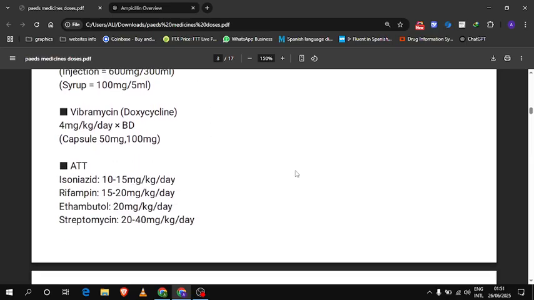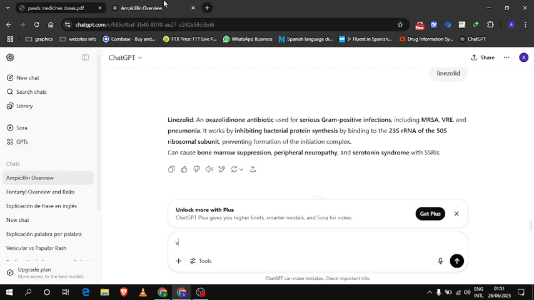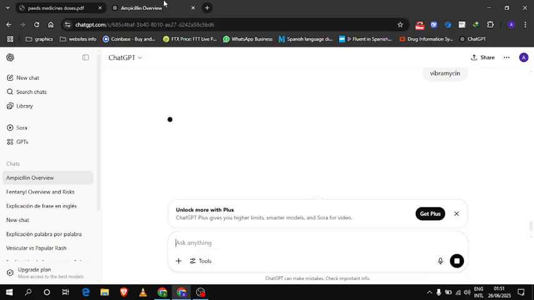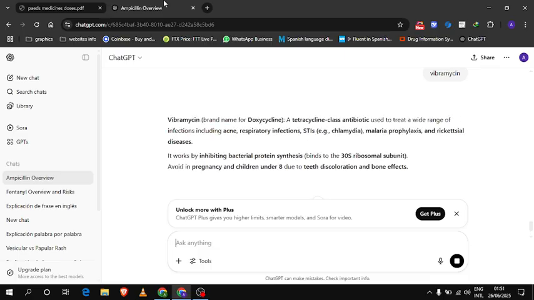The next is Vibramycin, doxycycline. Vibramycin is very good for, I think, ENT infections. I think it also comes in inhalation form. A tetracycline class antibiotic used to treat a wide range of infections, acne, respiratory infections, STI, malaria, prophylaxis, and rickettsial disease.